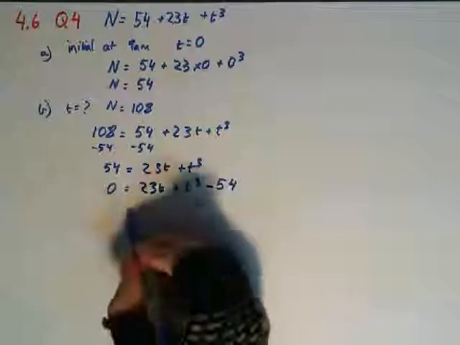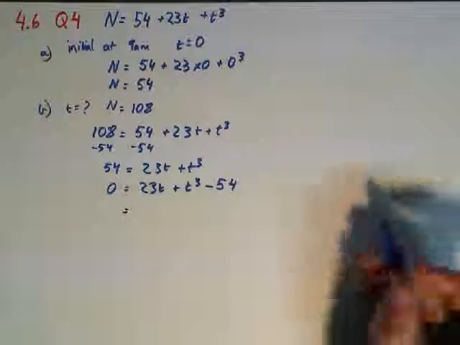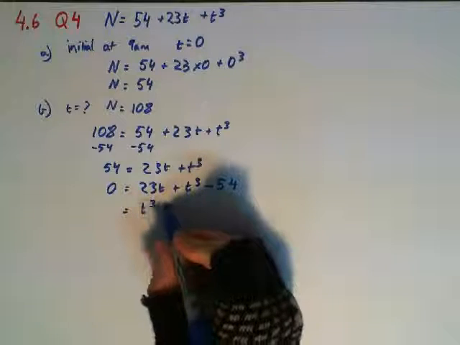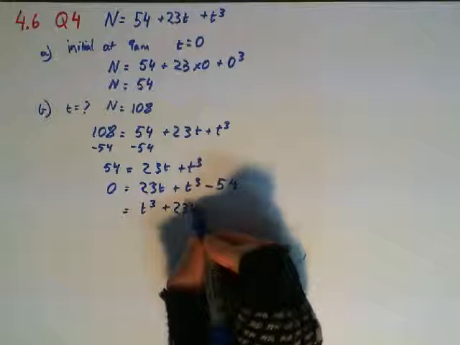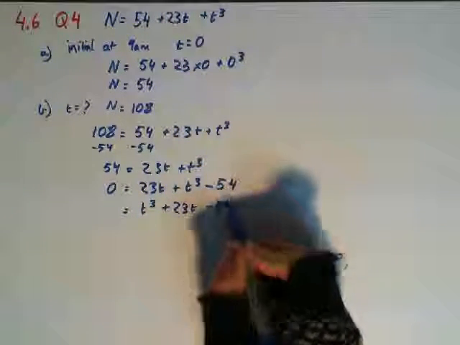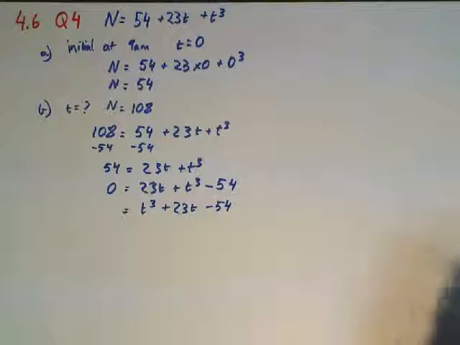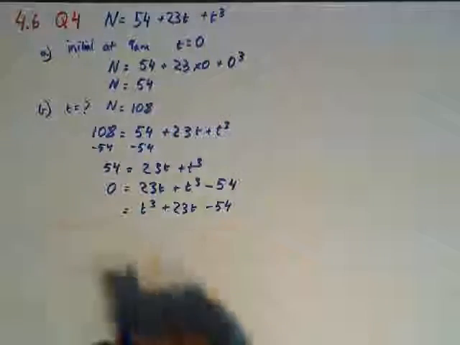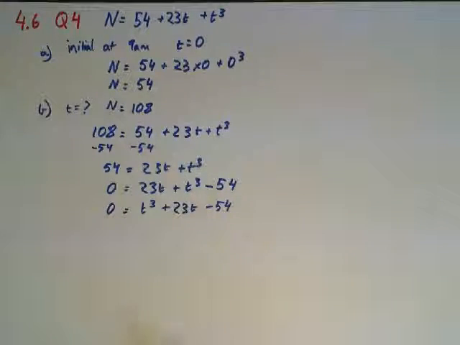And now we need to factorize this. So we've got t cubed plus 23t take 54. Not an easy equation to work with.